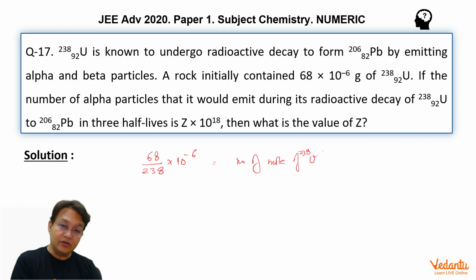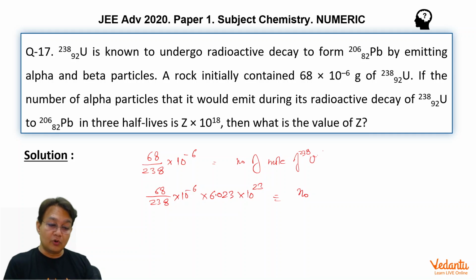And if we convert it into numbers, because in radioactivity we need numbers, then we'll have 68 upon 238 into 10 to the power minus 6 into 6.023 into 10 to the power 23. Let's call this number N0. This is the number of uranium atoms which was initially present.